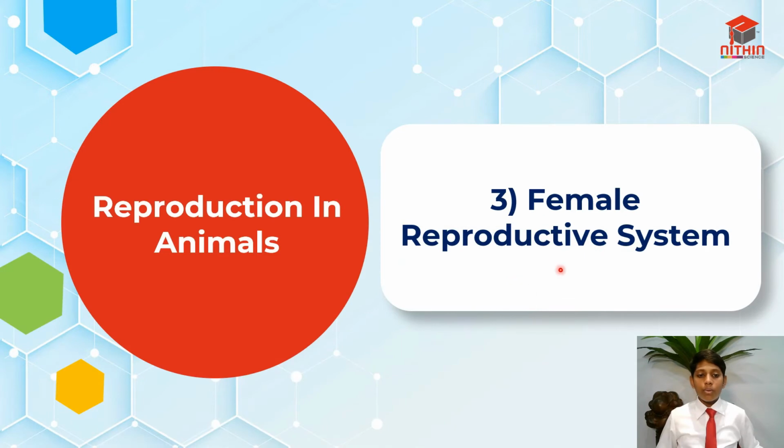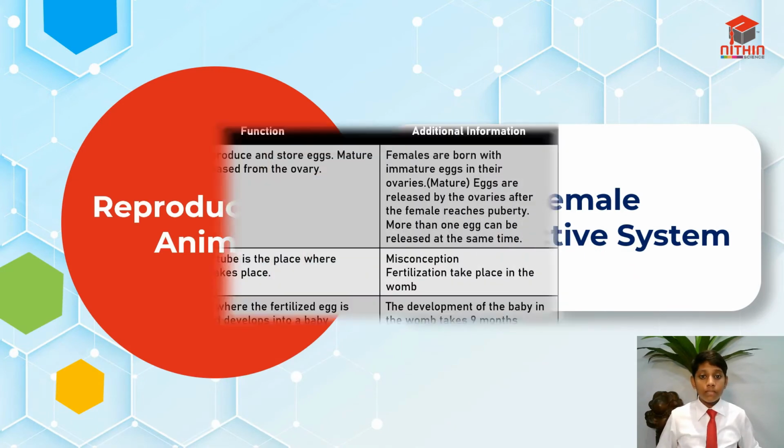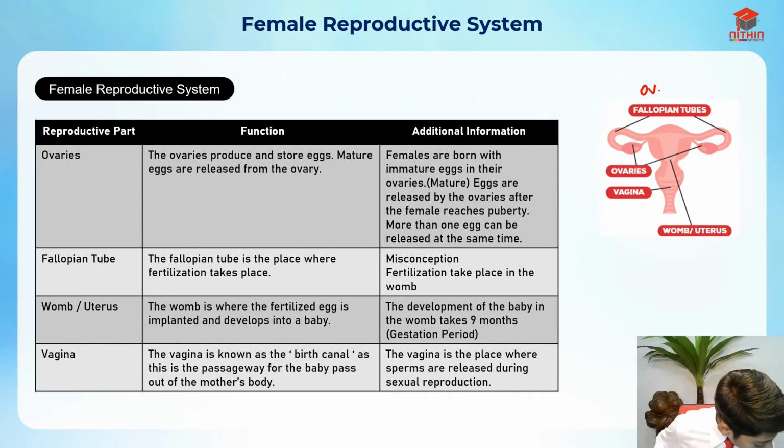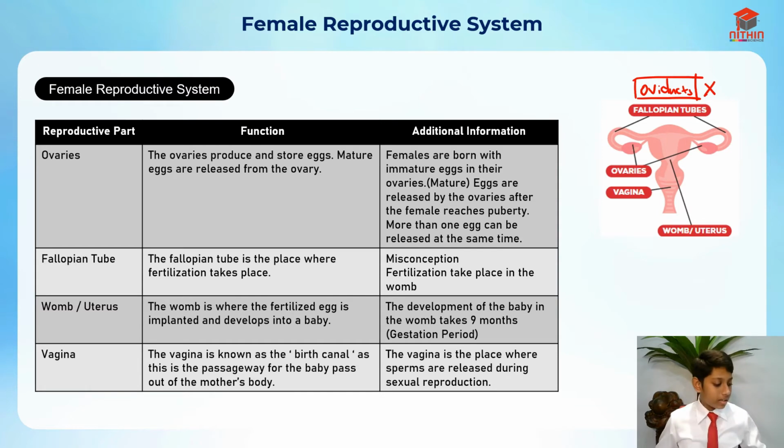Now let's go through the female reproductive system. As you can see, there are definitely more parts. There are the fallopian tubes, which we could also call oviducts, but in the exam, please do not write oviducts.